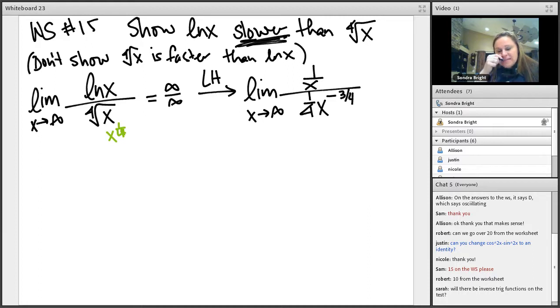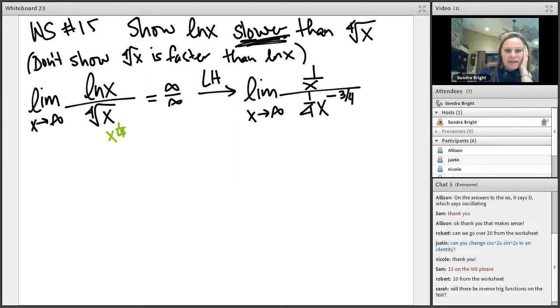Rewrite it. This is what our comment on the PowerPoint and what's on the test was. Rewrite it like you're going to do algebraic stuff. You don't go and try to figure out what this limit is when you have a fraction over a fraction. Simplify it. Do the algebraic simplification first and then figure out what the limit is.